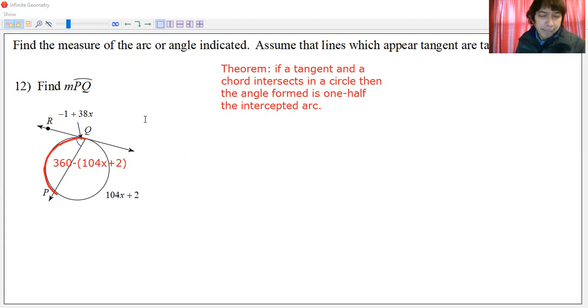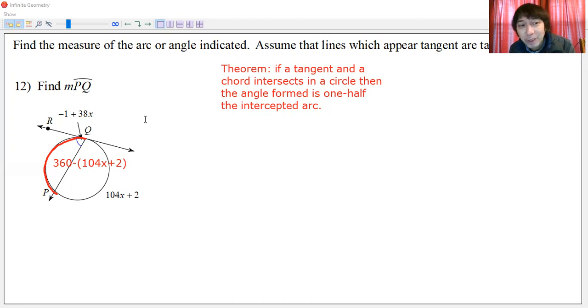Okay, all right. So let us solve that particular arc there. So we're after the measure of the arc PQ. Okay. Examining the arcs. The given expression 104x plus 2 is the bigger arc, which can also be called arc PQ.